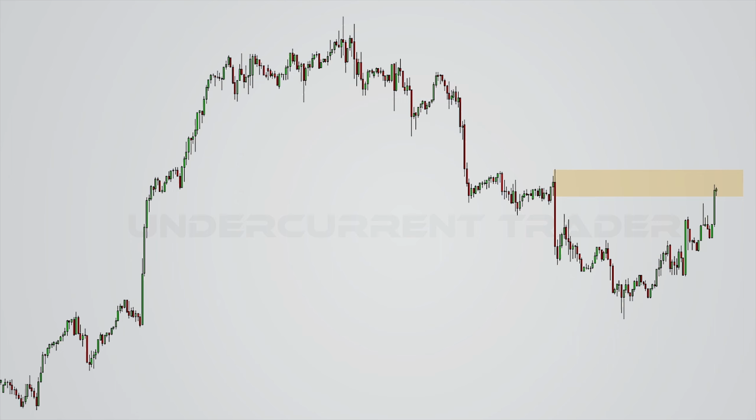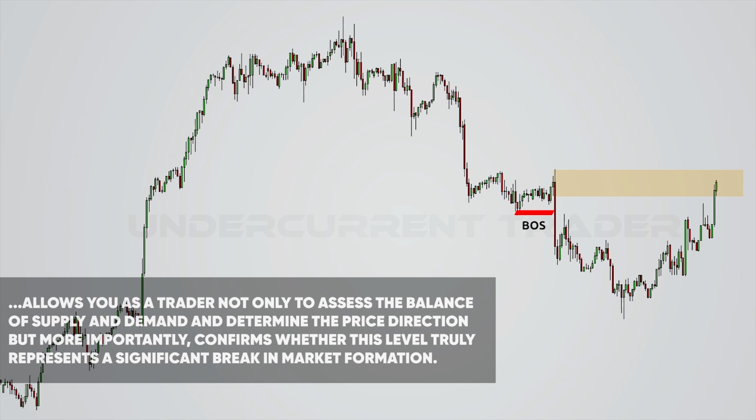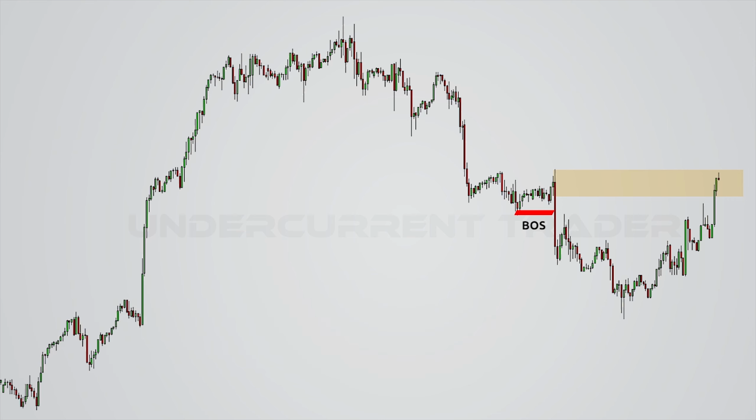Now, the degree to which this level over here that signifies the market structural break is breached or remains intact allows you as a trader not only to assess the balance of supply and demand and determine the price direction, but more importantly, confirms whether this level truly represents a significant break or shift in market formation or market structure. If you are correct in your analysis, what should follow is a steady dominance of sellers over buyers.